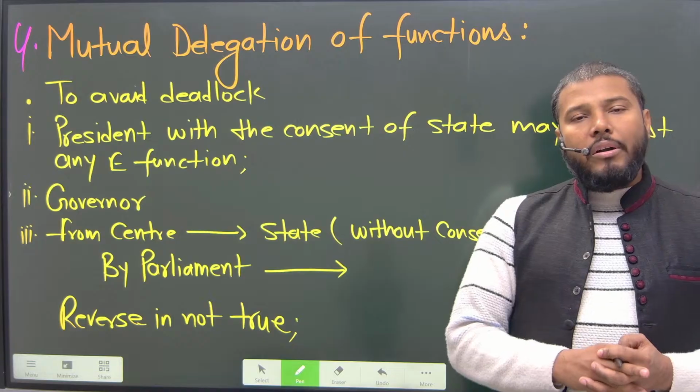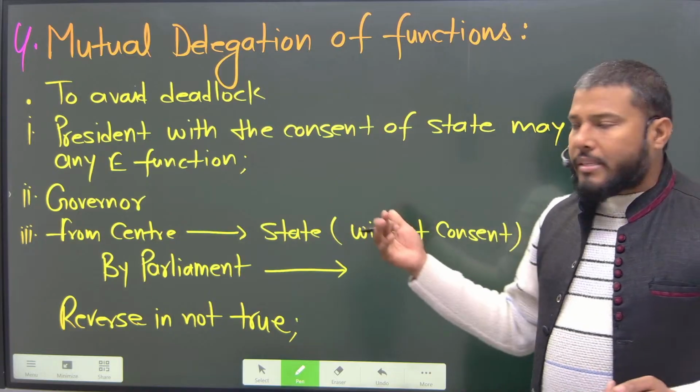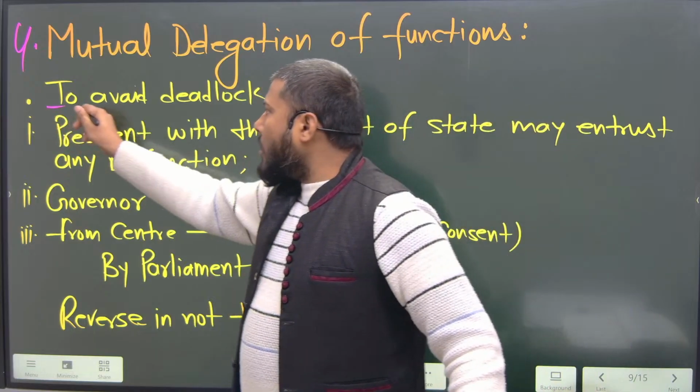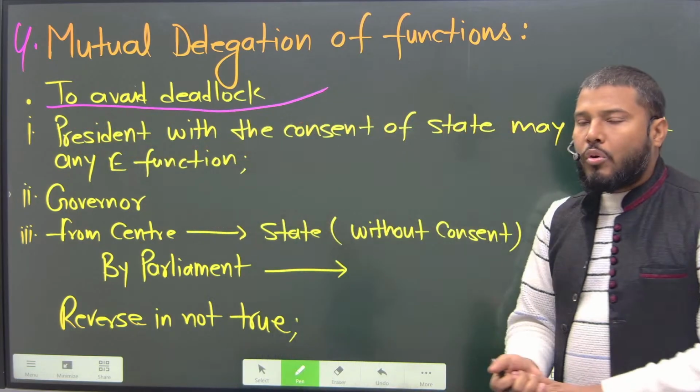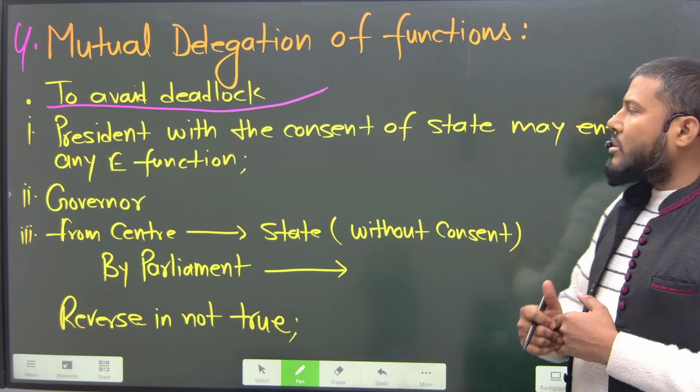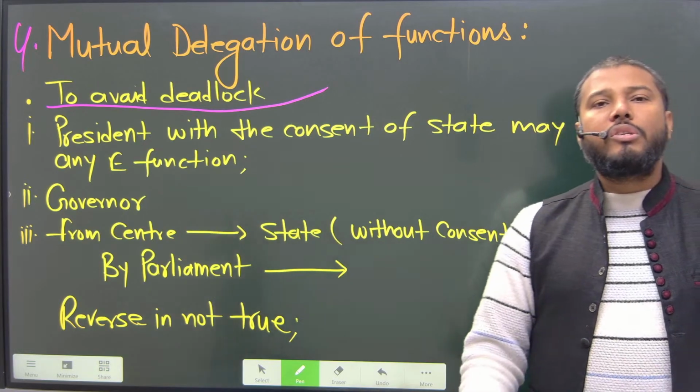और अथॉरिटीज का डेलीगेशन होता है, आप देखेंगे कैसे होता है. यू सी हियर, तो यहाँ पे हमने बताया कि टू अवॉइड डेडलॉक व्हाट वी डू, द प्रेसिडेंट विद द कंसेंट ऑफ द स्टेट मे इंट्रस्ट एनी एक्सिक्यूटिव फंक्शन टू द स्टेट गवर्नमेंट.